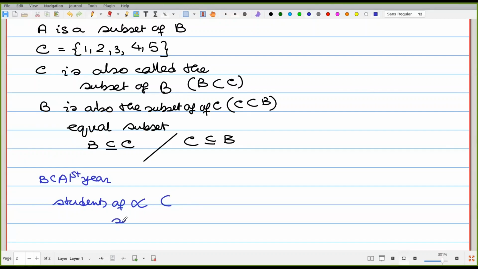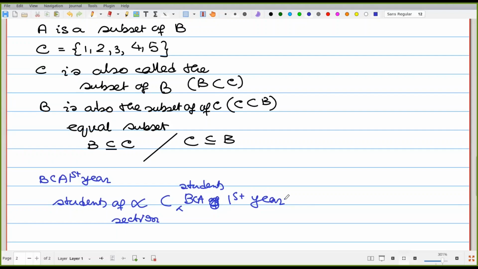When some students from the total BCA first year students have been taken, the students of Alpha section are a subset of the students of BCA first year.